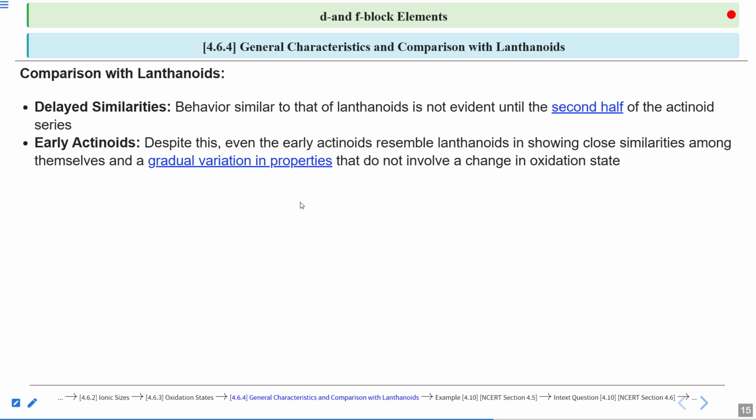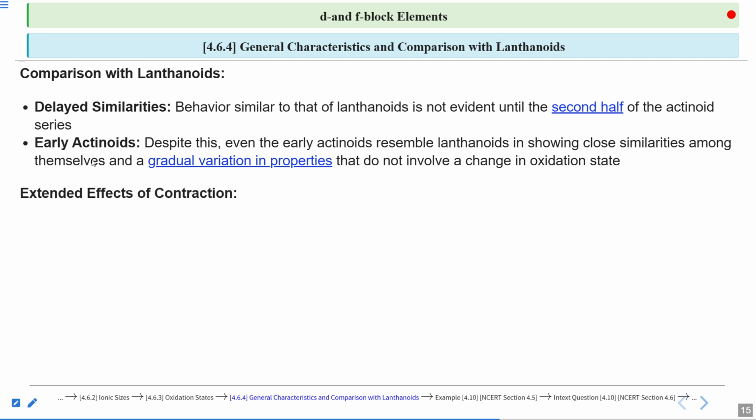In the properties they show gradual variation, and the differences are not going to involve the change in oxidation state property. So we are talking about early actinoids.